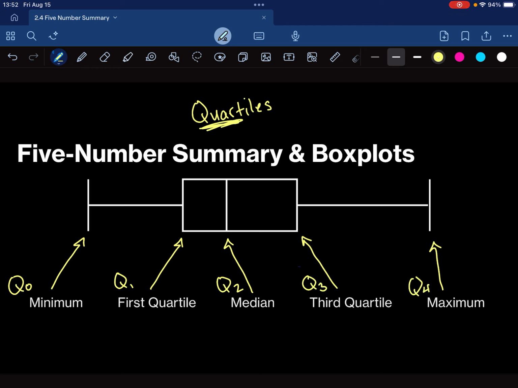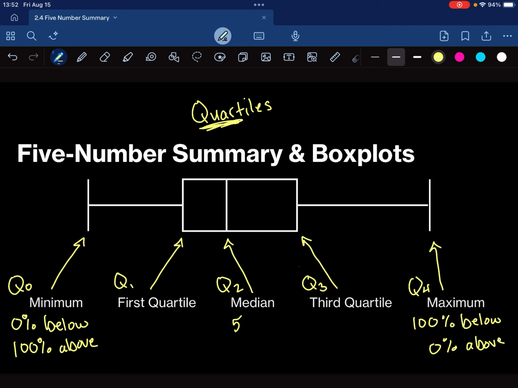Again, I mentioned this splits the data into quarters, so the minimum has 0% of the data below it and 100% of the data above it. The maximum is the reverse of that, so 100% of the data is below it and 0% of the data is above it. The median splits it right down the middle, so 50% above and 50% below.